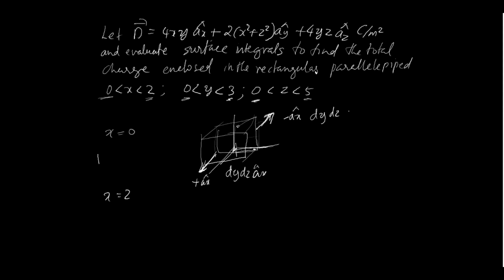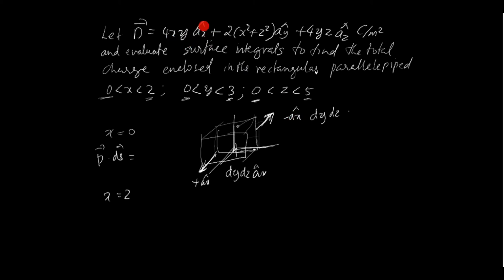At x equal to 0, you have to find the dot product with the entire D, and dS has minus ax.